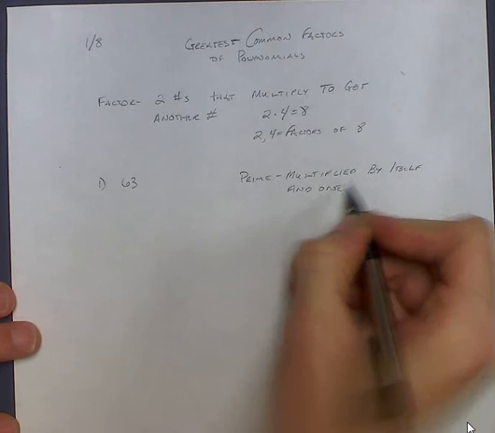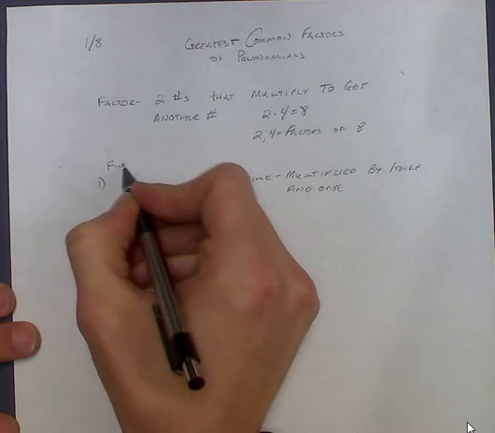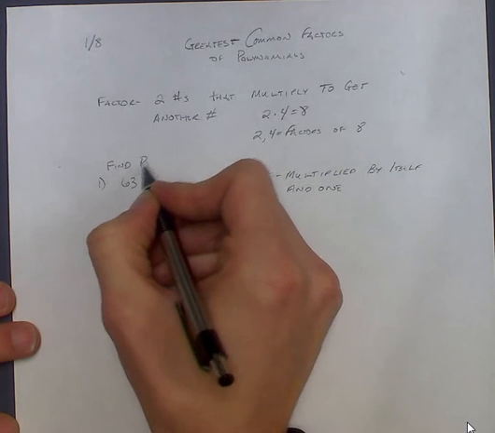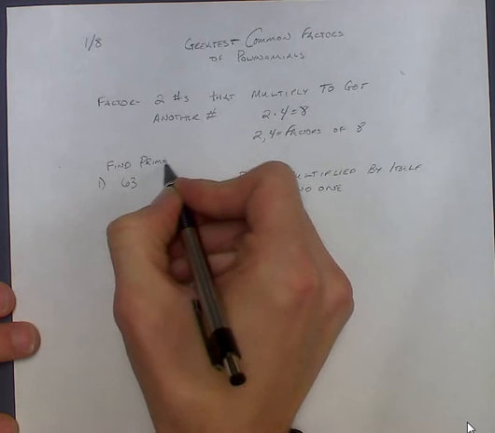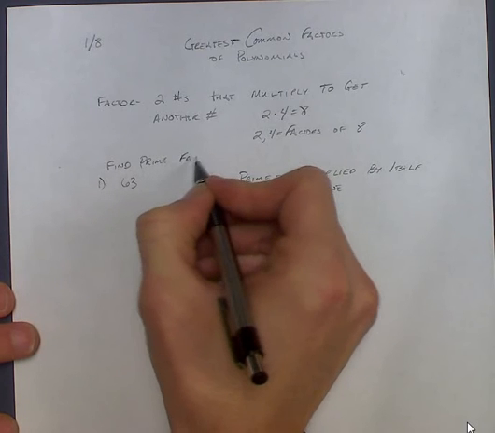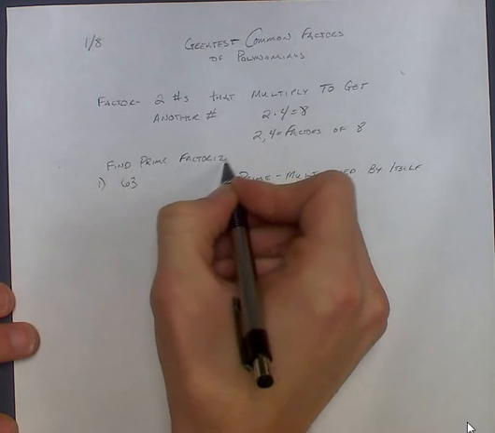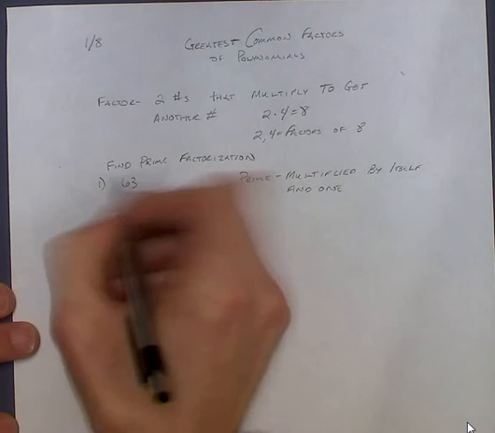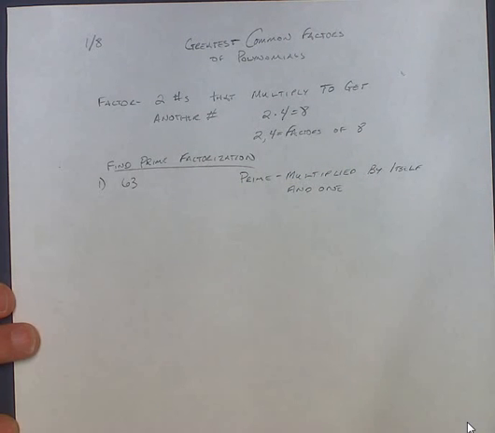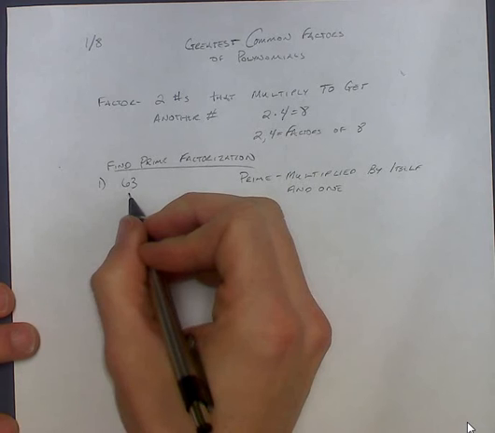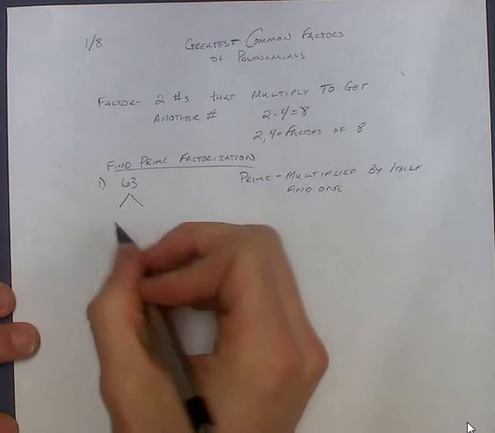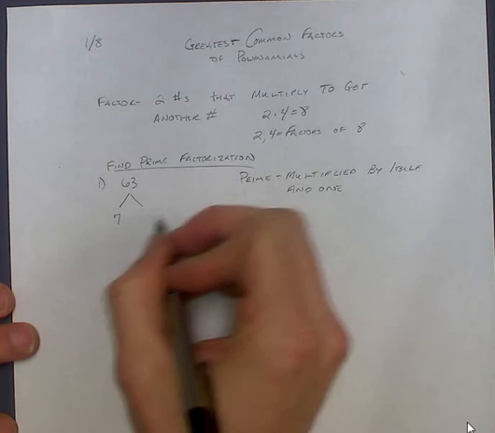So we want to find the prime factorization, which means that we need to find the factors of 63. And in 63, the factors we have are 7 and 9.